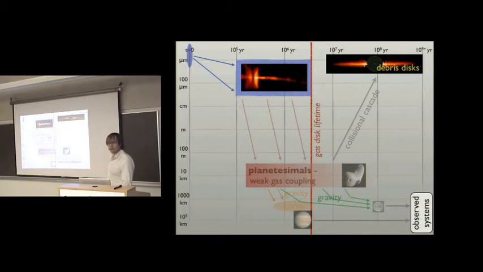Dynamical evolution I've already touched upon. What we see now can be very different from what is actually formed 10 or 100 million years after the system begins. And then there are also questions to do with giant planet formation, one of which is when we have these cores, things maybe 5 Earth masses in size, how do those interact with both the gas and also with the planetesimals?